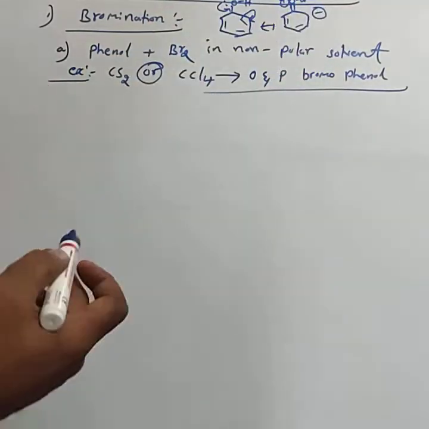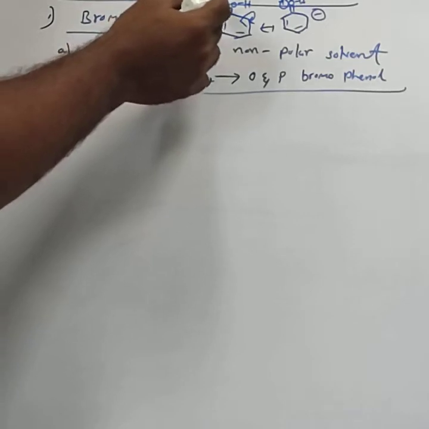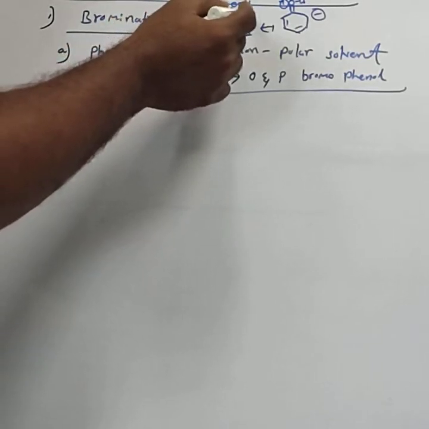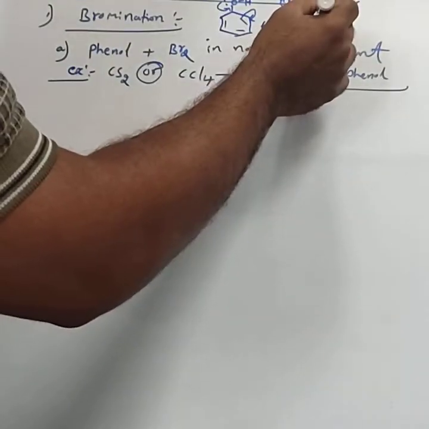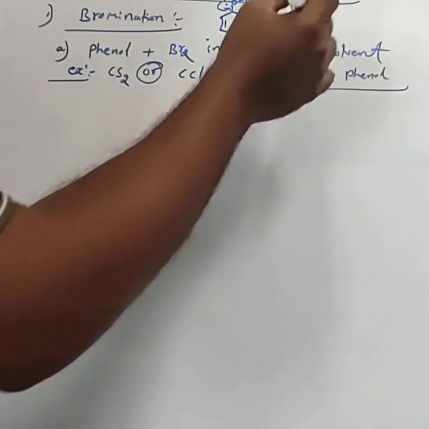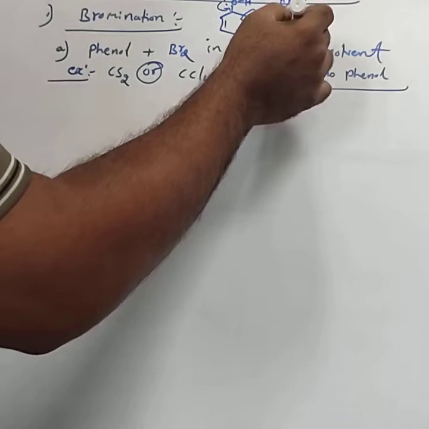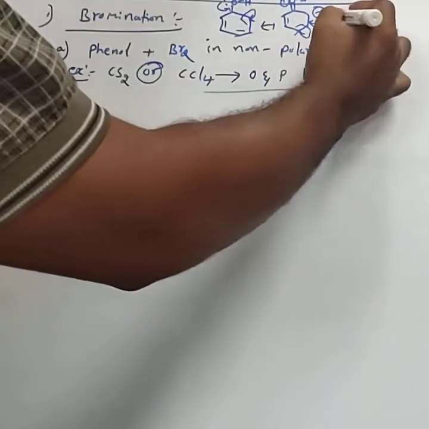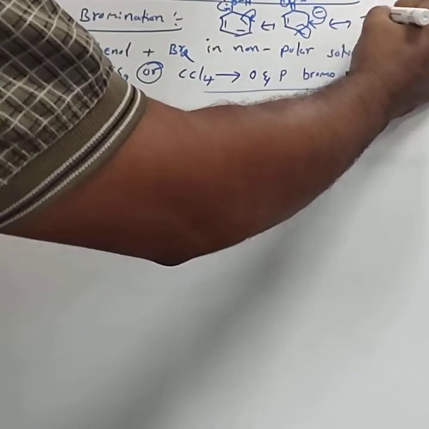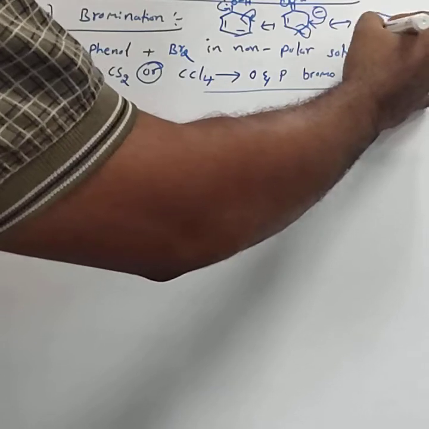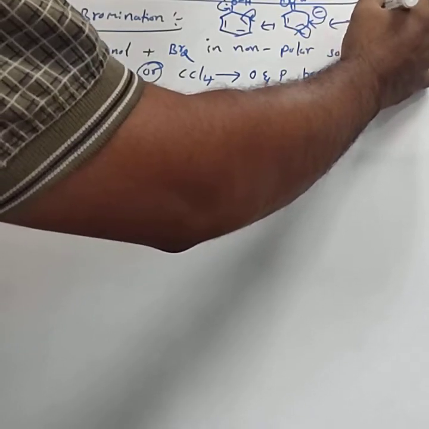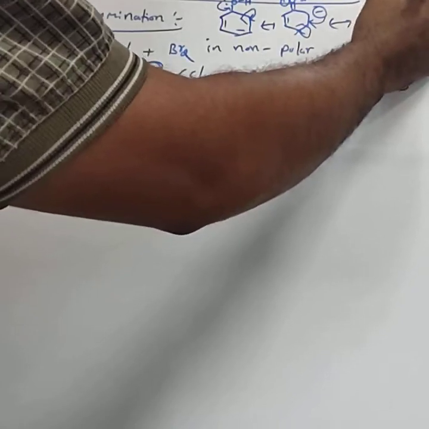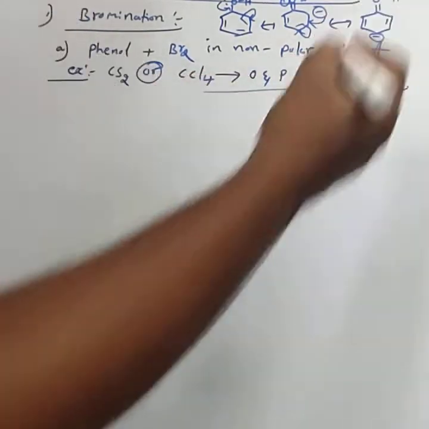This is one resonance structure. The lone pair moves to this corner, and the double bond moves to this position. This is an ortho position. Similarly, this negative charge moves to this corner and the double bond shifts to this position. The next resonance structure has a double bond, a negative charge, a double bond, and the OH carbon carrying the positive charge.